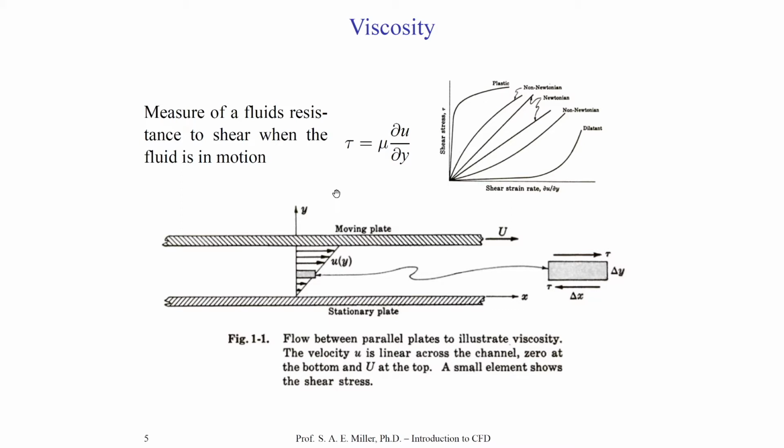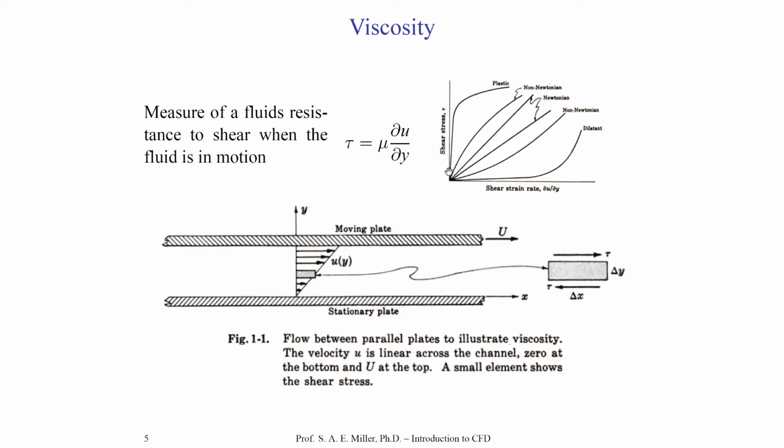Now, if we look at graphs of the shear stress versus shear strain rate, partial u partial y in this case, versus tau, we can plot these types of graphs. These graphs can be created, of course, by putting different types of fluids between a moving plate and a stationary plate. And you'll see there's a whole range of particular types of fluids in this case. There's plastics, dilatants, and non-Newtonian flows.